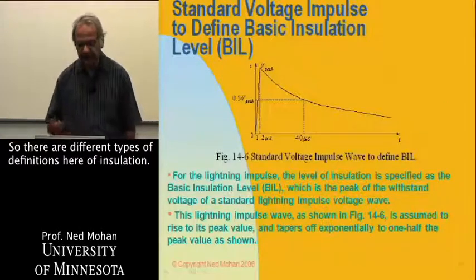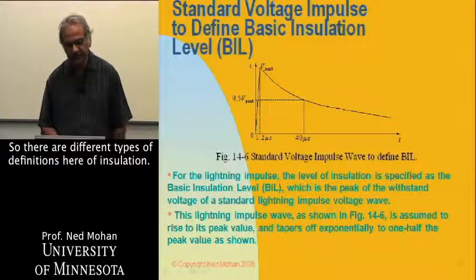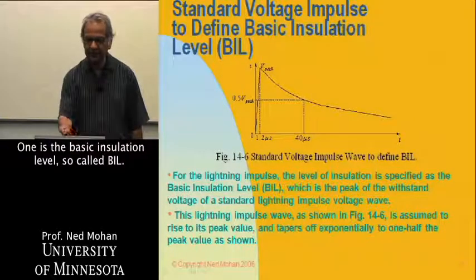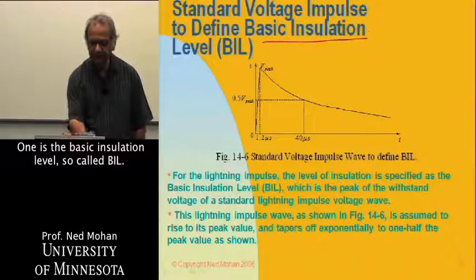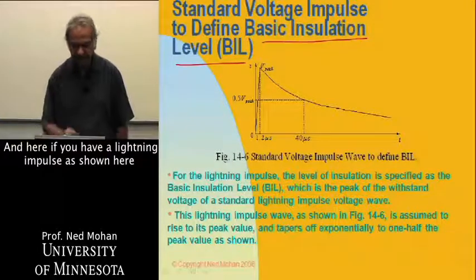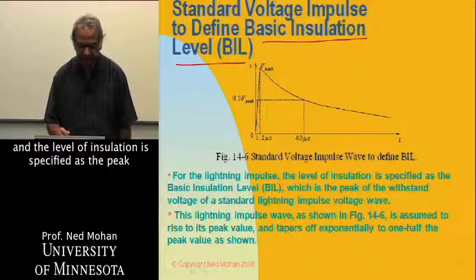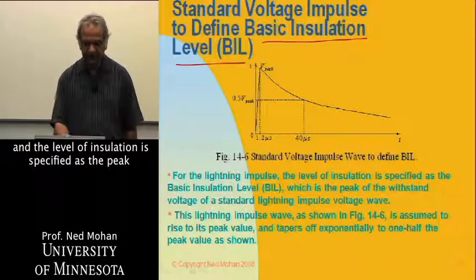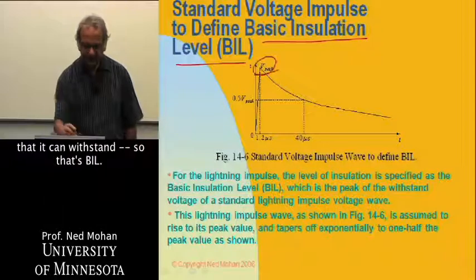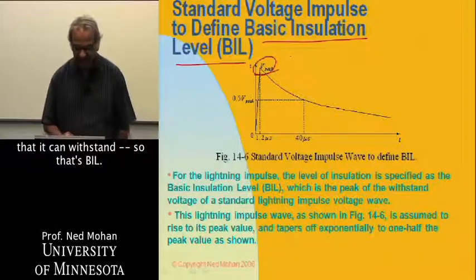So there are different types of definitions of insulation. One is the basic insulation level, the so-called BIL. Here, if you have a lightning impulse, as shown here, the level of insulation is specified as the peak that it can withstand, and that's BIL.